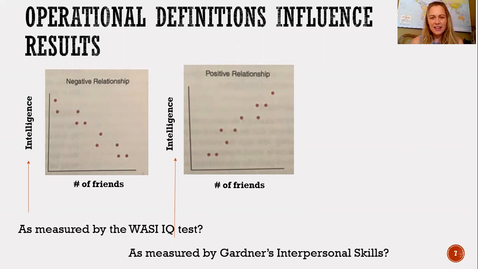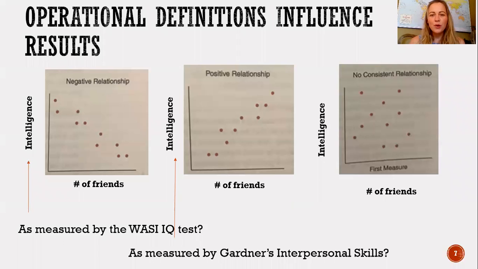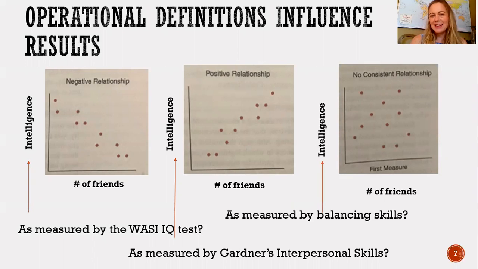Alternatively, if they had defined intelligence in a different way, I don't know, how well you can balance a ball on your nose, for example, they might have found a completely different pattern of results. They might have found no relationship between intelligence as measured by balancing skills and how many friends you have.